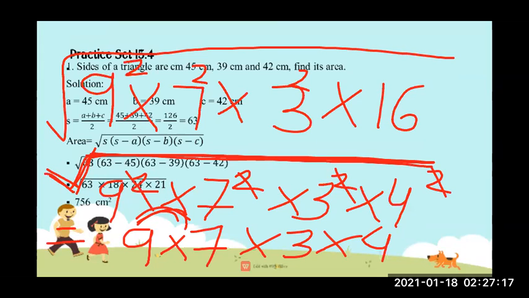Very good. Now 63 multiplied by 3 is 189. Now 189 multiplied by 4. Very good. We got the answer, that is 756. So that same answer we have written, 756.